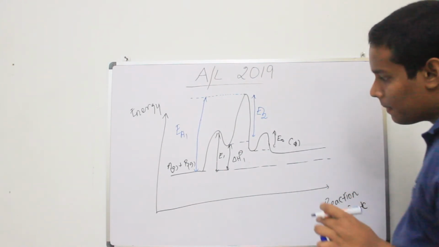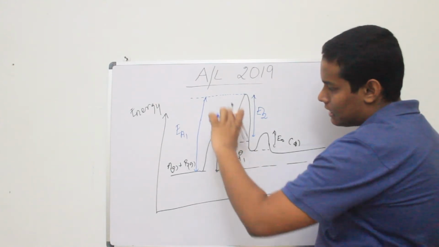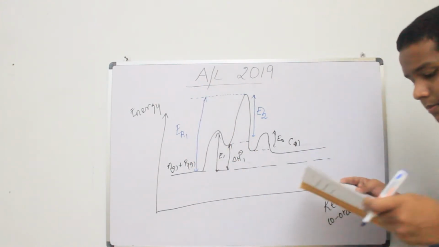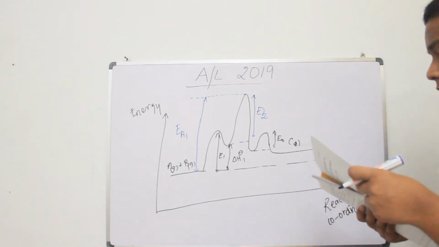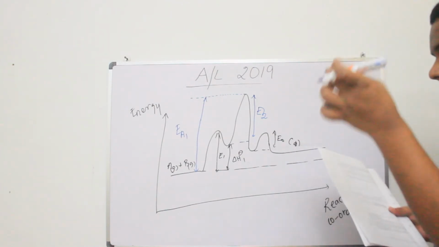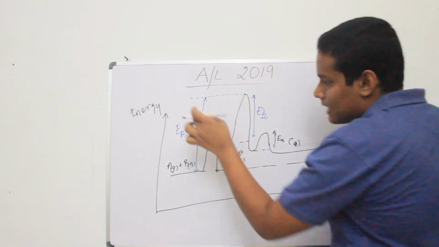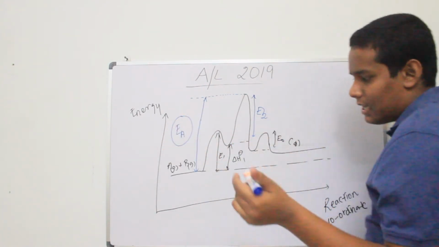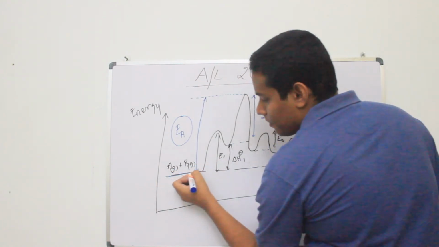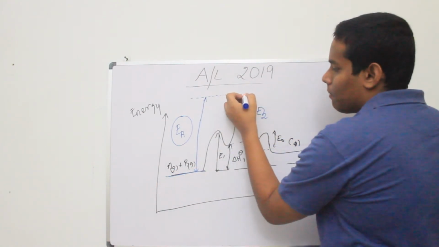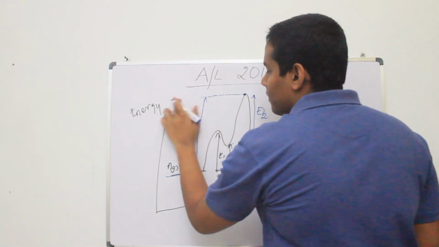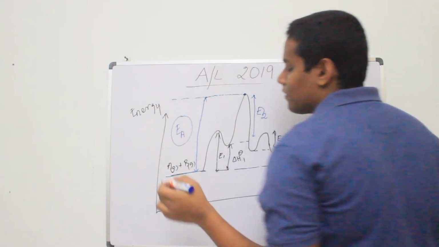Why? Look at this. If I take this is delta H, this is E2. But a bit greater than delta H plus E2 is this EA. Activation energy for the reaction is from this point to the maximum possible point. It is the activation energy of the slowest step.